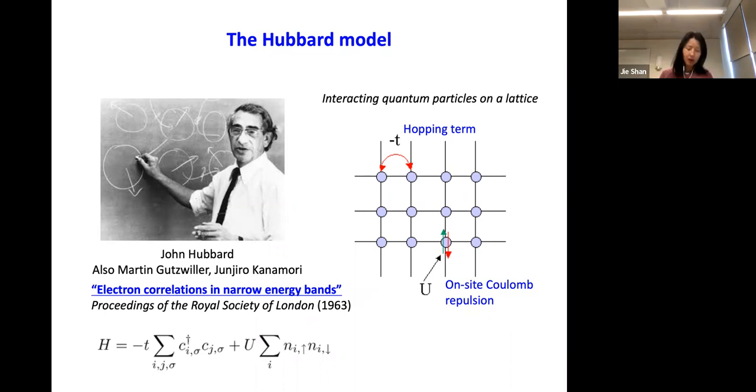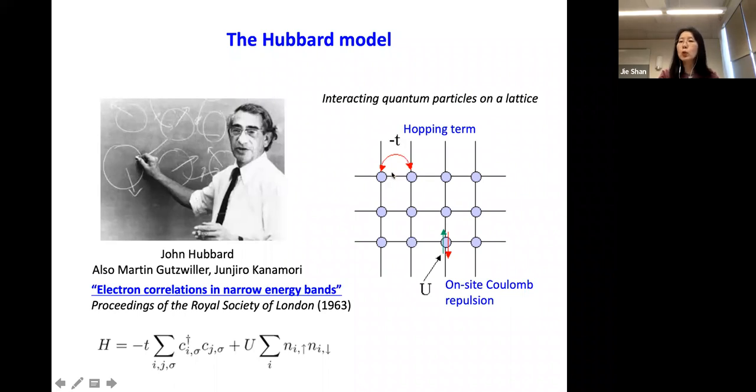And in our case, the lattice is triangular. So to make life easier, I'm just drawing a square lattice. So this Hamiltonian includes just two terms. We account for electron hopping from one site to another site, and that's this hopping integral t.